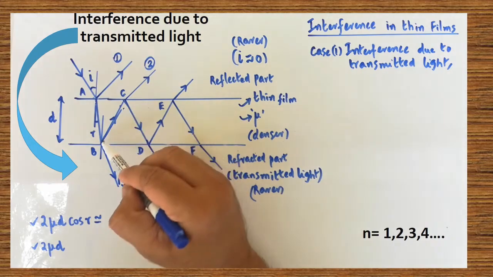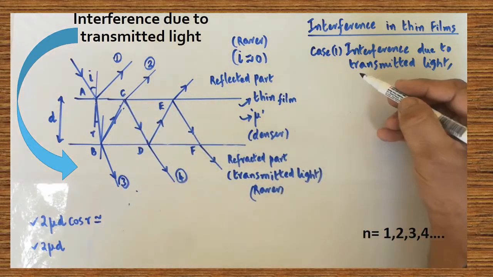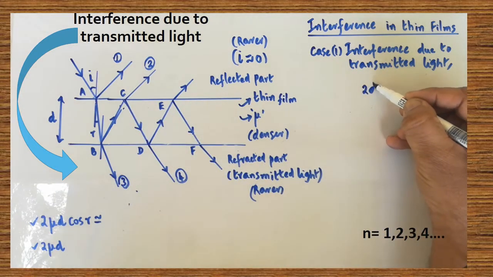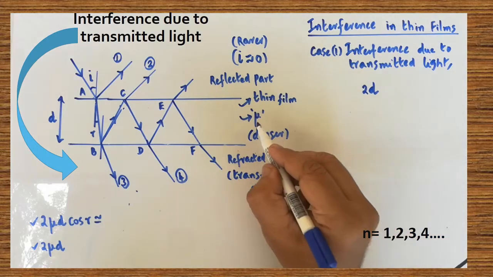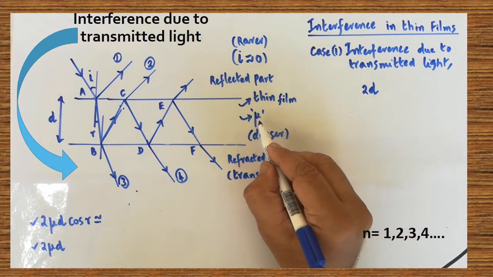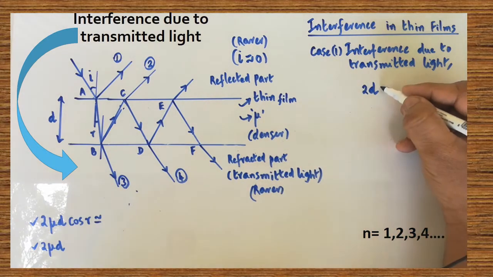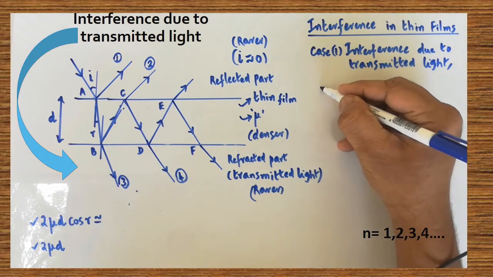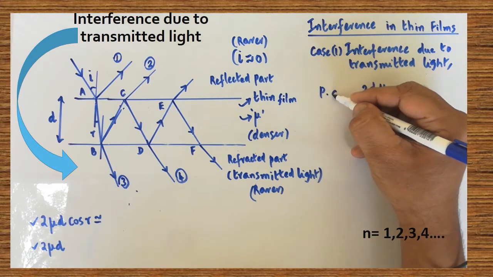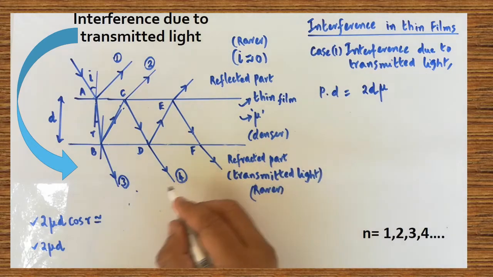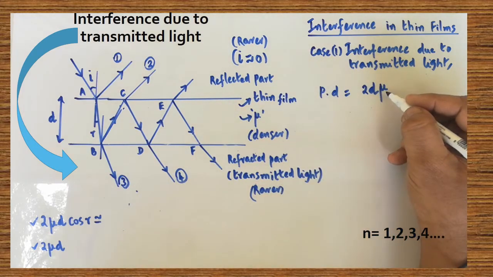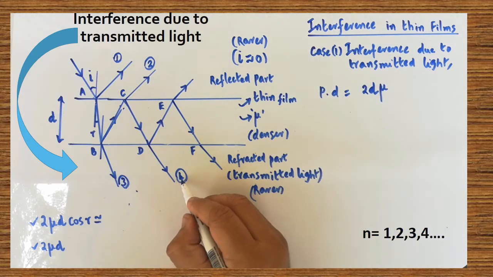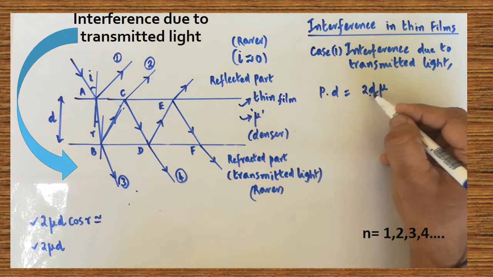So approximately this distance can be taken as 2d. Are you clear? Since it is traveling within the denser medium with refractive index mu, the path difference between the third and fourth ray is how much? 2d mu. That is, the fourth ray travels an extra distance of 2 mu d.